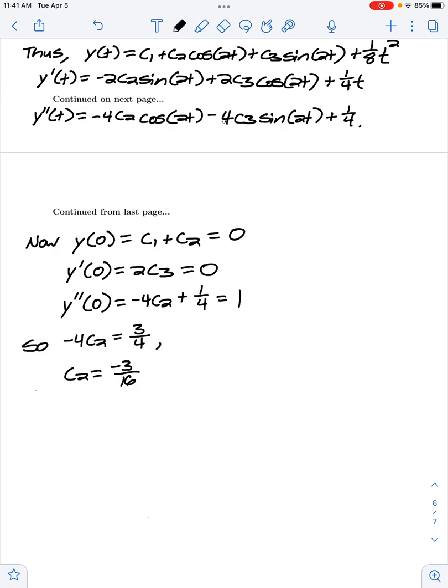From looking at my first equation, I could solve for c1 in terms of c2. c1 has to be the negative of c2, so that would be a positive 3/16. And from the second equation, it follows immediately that c3 is 0.